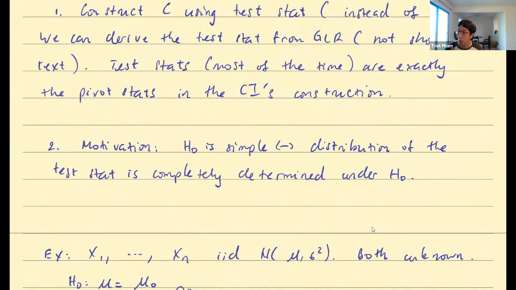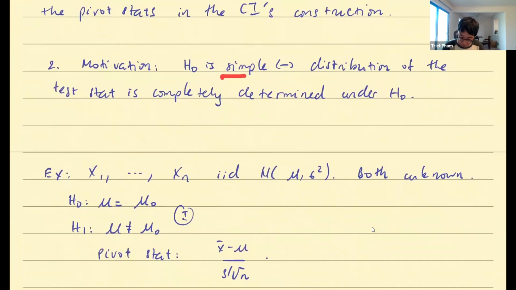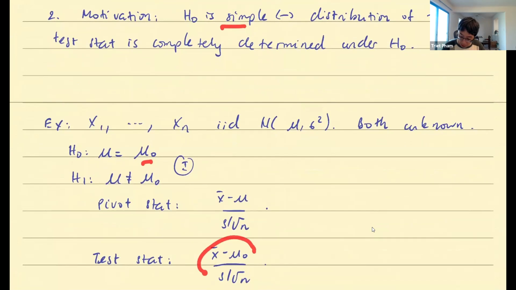Okay. Why the motivation? Why do we use that? Because the null is simple. So I know exactly what the distribution of this is under the null.